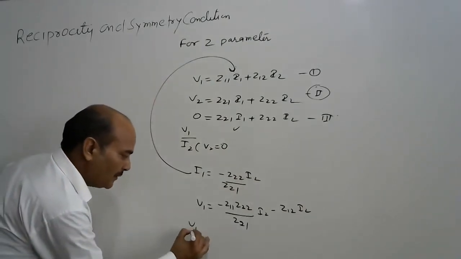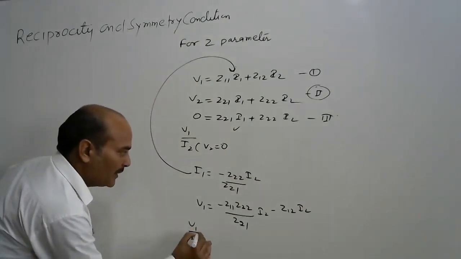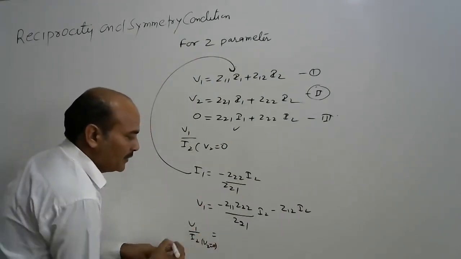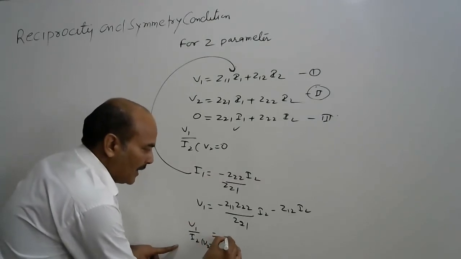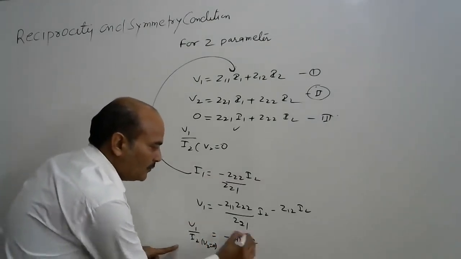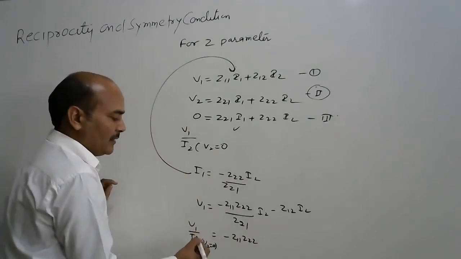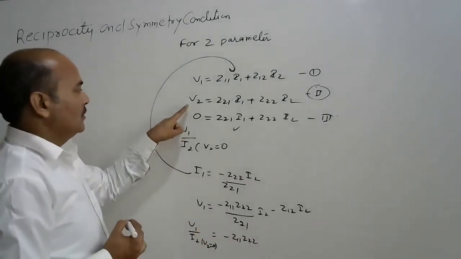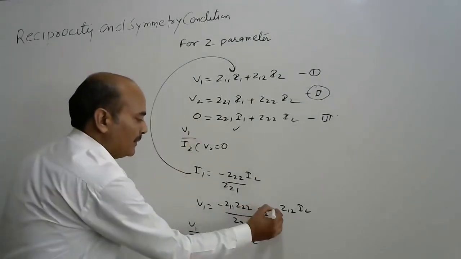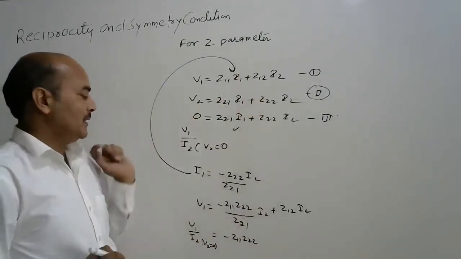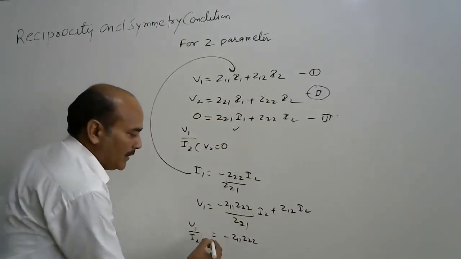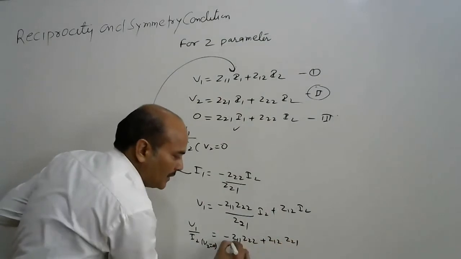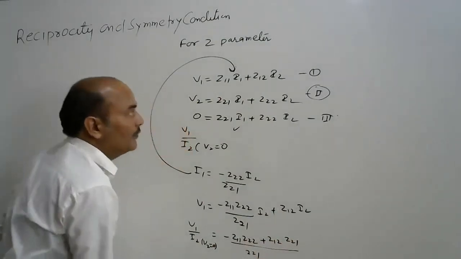So the value of V1 upon I2 calculated with V2 equal to 0 is minus Z11 Z22, we have taken the minus sign common. Something is wrong, so we put this with the positive sign because it is Z12 I2. We take I2 common, plus Z12 Z21 upon Z21.